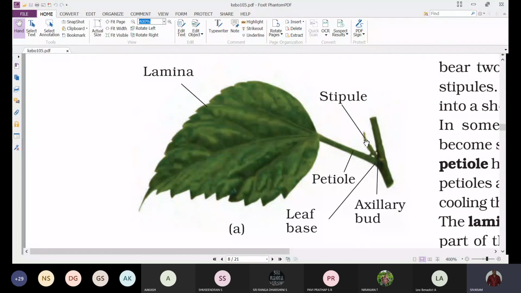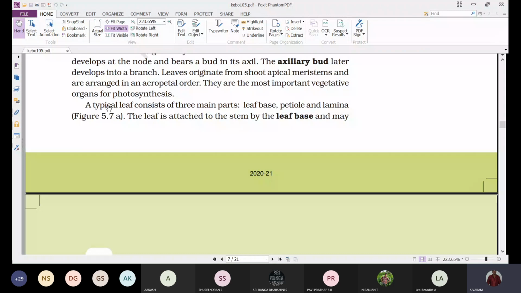The veins developed from this midrib, we call lateral veins, and the small ones arising from these lateral veins, we call veinlets. These are some of the structures that we observe here. So a typical leaf consists of three main parts: leaf base, petiole, and lamina.